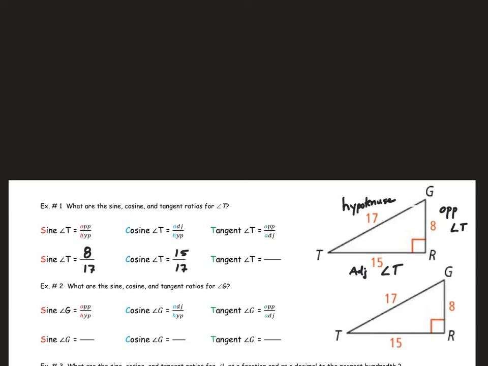And lastly, what is the tangent ratio for angle T? It is the opposite side over the adjacent side. The opposite side of angle T is 8, and the adjacent side is 15. I've just finished example number 1. We have written the sine, cosine, and tangent ratios for angle T.